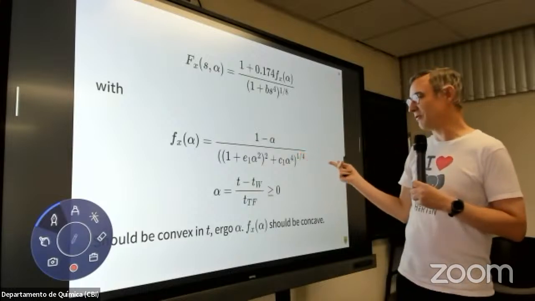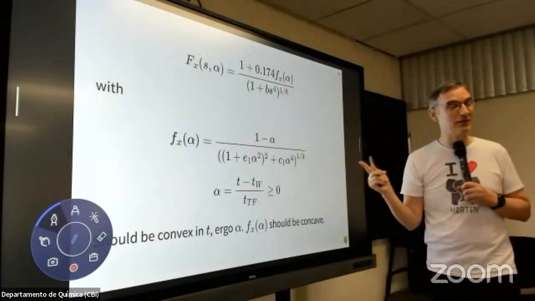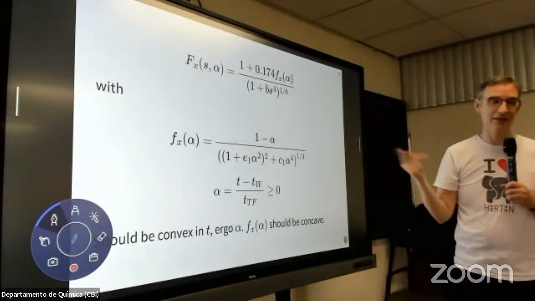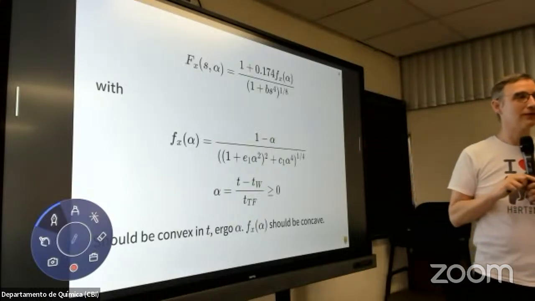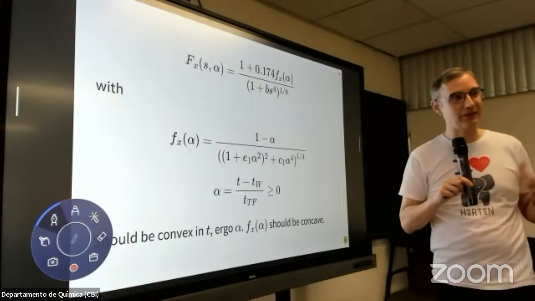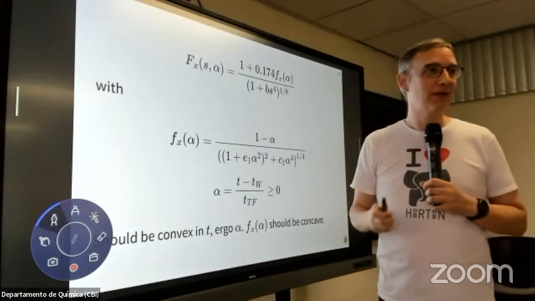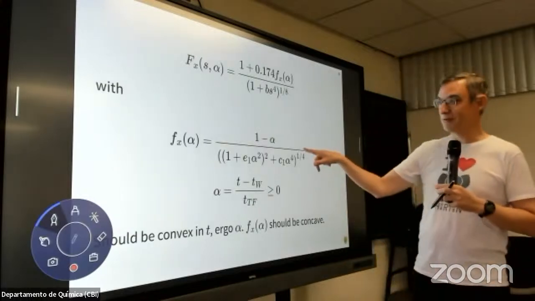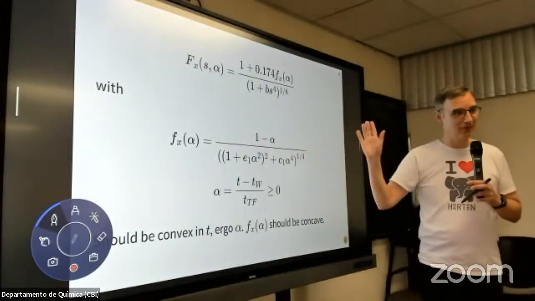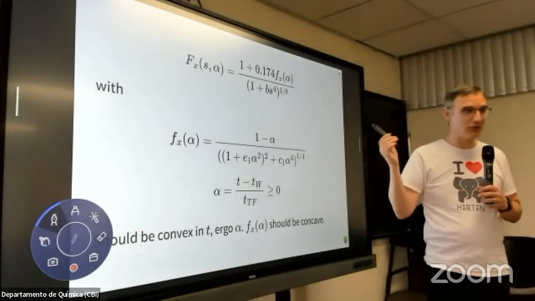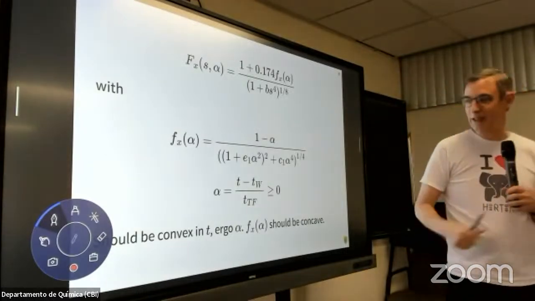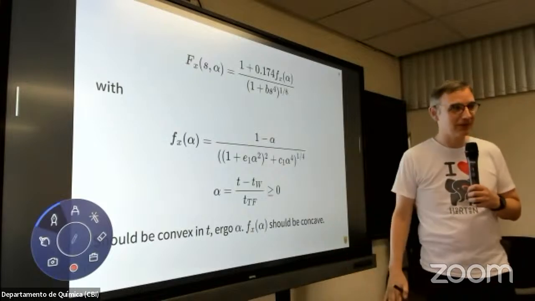You can just look at it and it would be surprising if that were true, and it's not true. We saw the plot. In practice, this is the argument you have to go through. Taking the second derivative of this is okay, you can do it, but it's a full page.